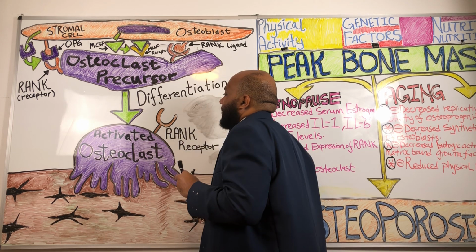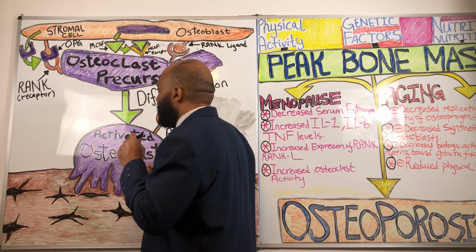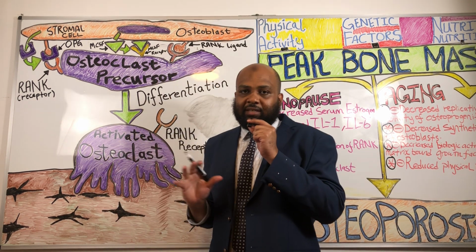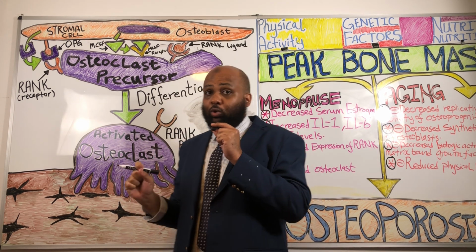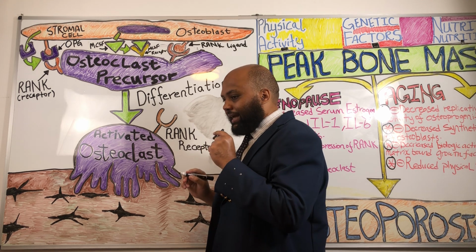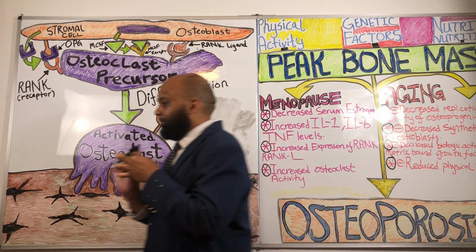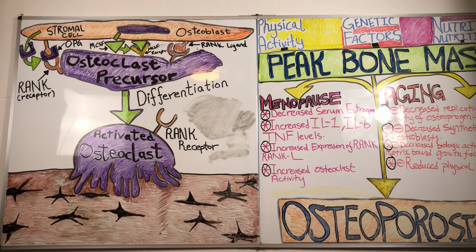So, in order to understand the bone, we have to understand what cells are involved in our bone homeostasis. We have the osteoblasts. Osteoblasts build up the bone, while osteoclasts degrade the bone.